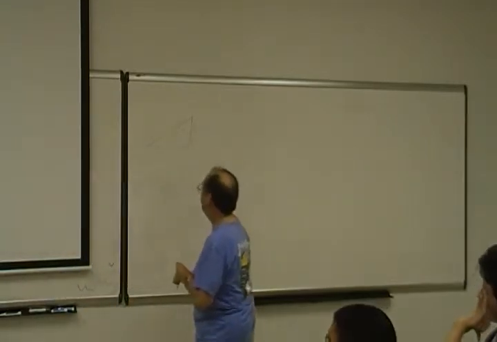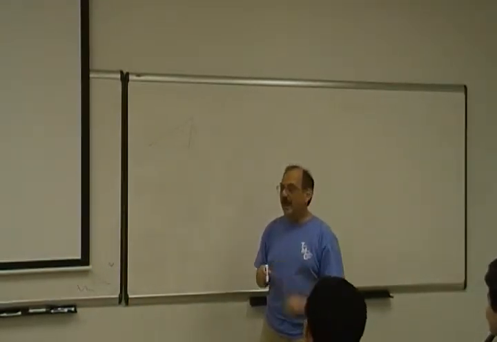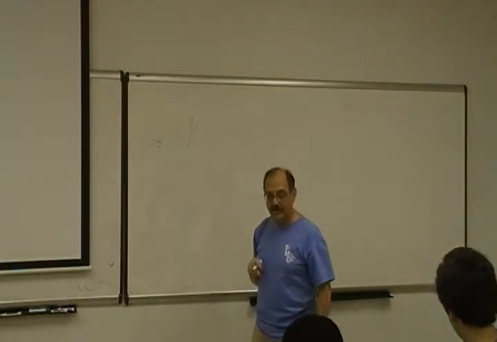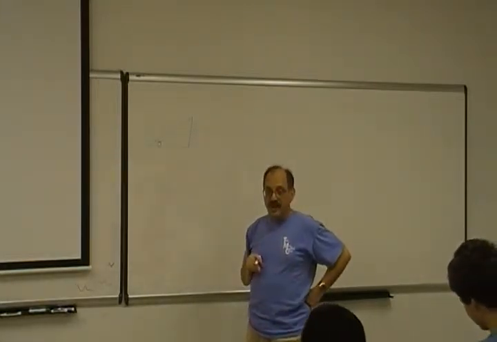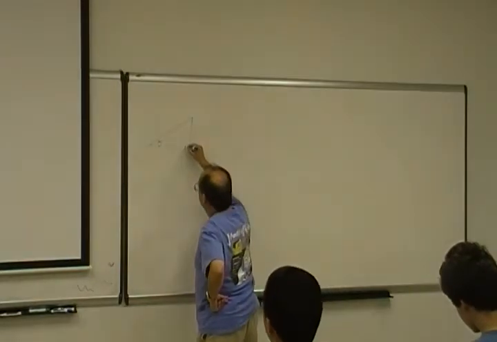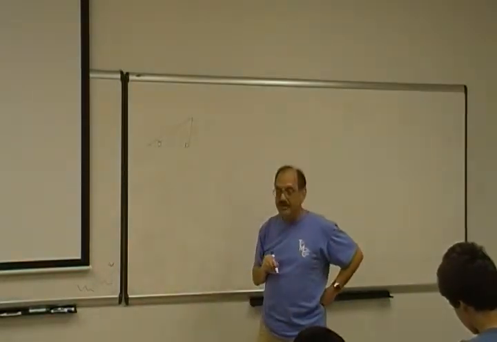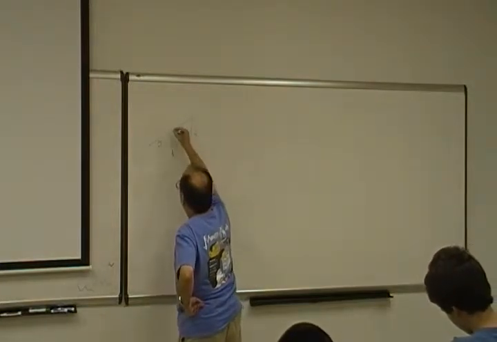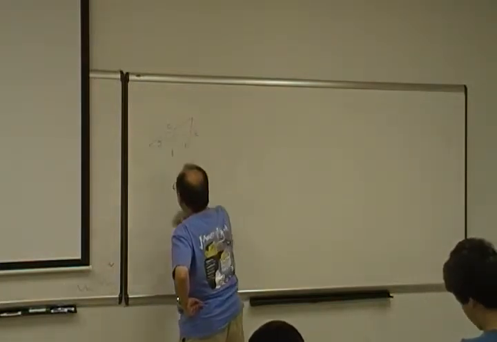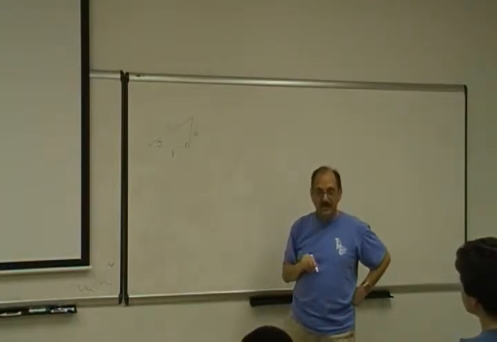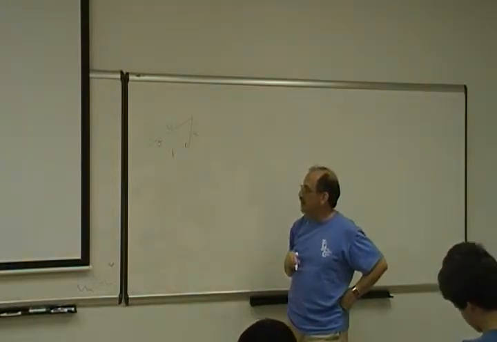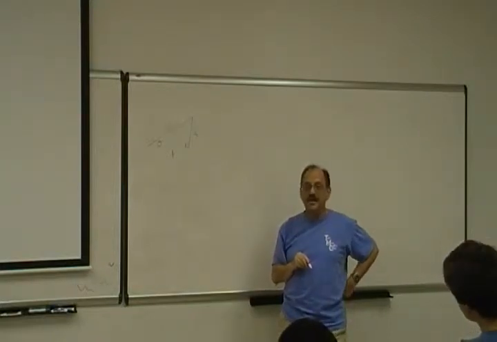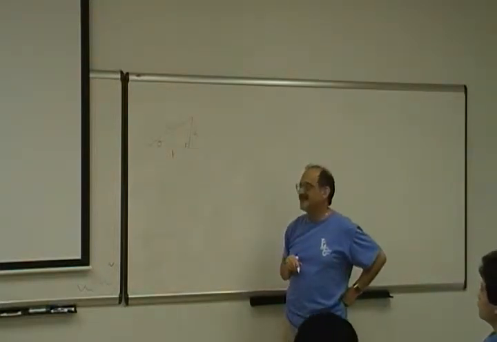Okay, so there's our triangle. And we're thinking about this angle here called theta. It's a right triangle, and we have three sides, A, B, and C. I use those letters because A is sometimes called the altitude, B is called the base, and C is the hypotenuse.